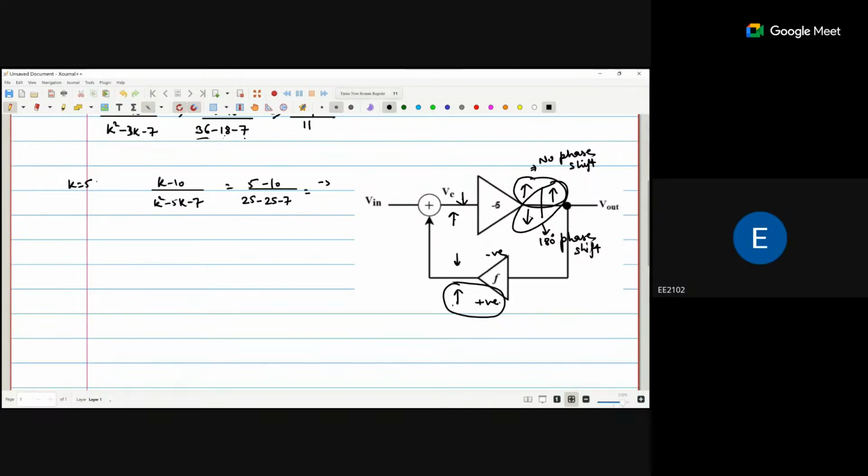So it is minus 5 divided by minus 7, so both cancel out, giving 5 by 7. That means if the f value is positive, we get a 180 phase shift. If the f value is negative, we get no phase shift. So that means this is a negative feedback.